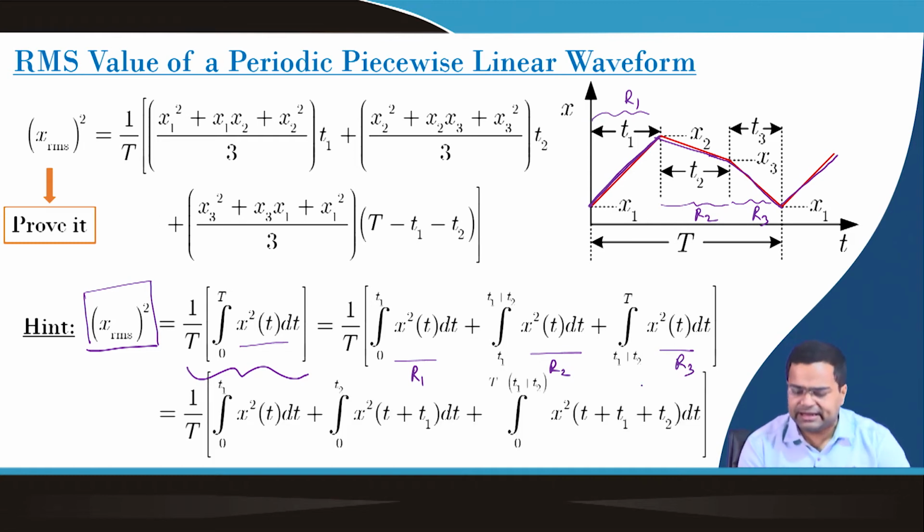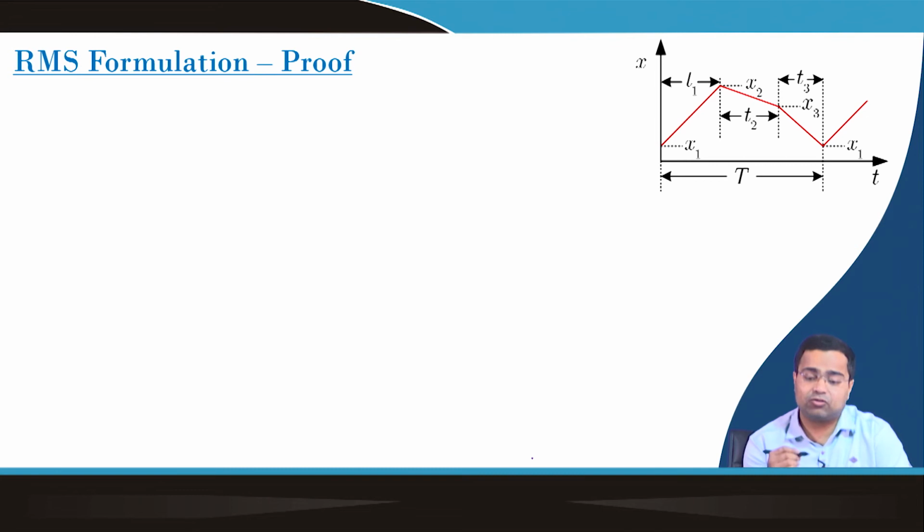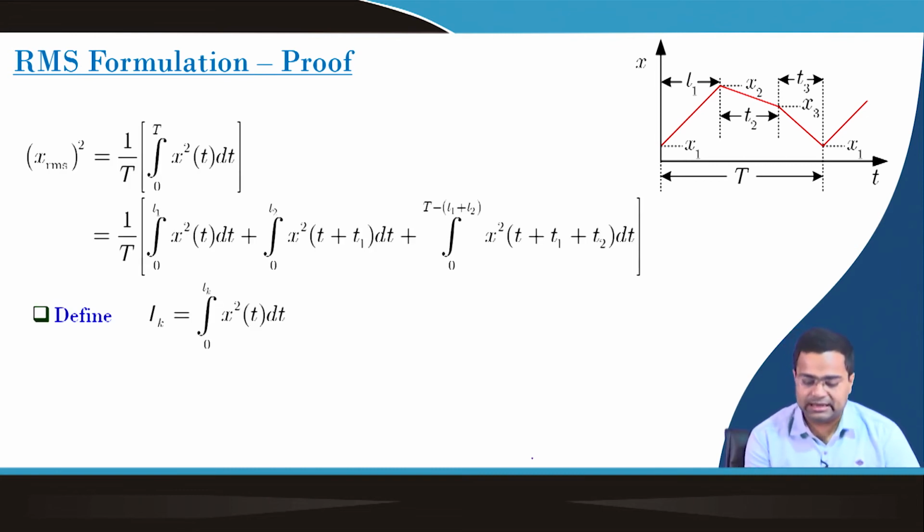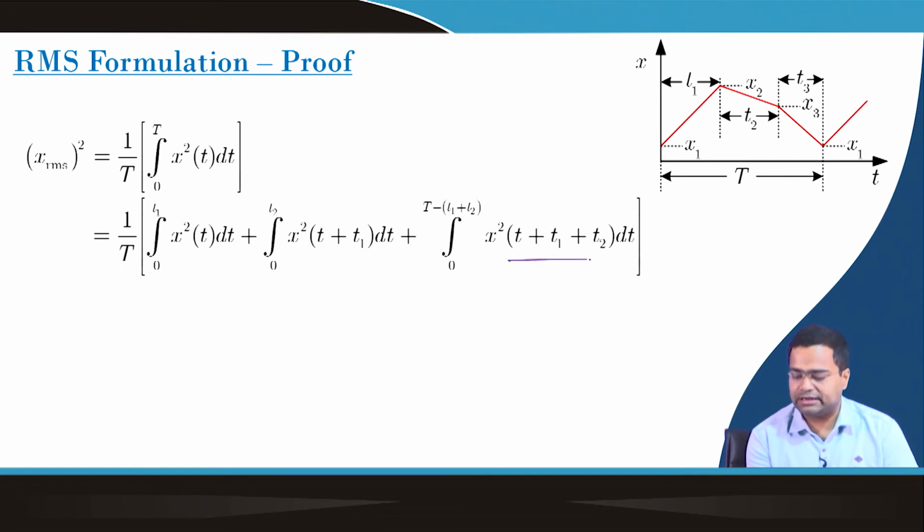Now this is a definite integral, so we can change the integral limit, and accordingly we have to update the time. We have just changed the integral limit, and in the next slide we are continuing with that RMS waveform with the integral limit that we have already discussed.